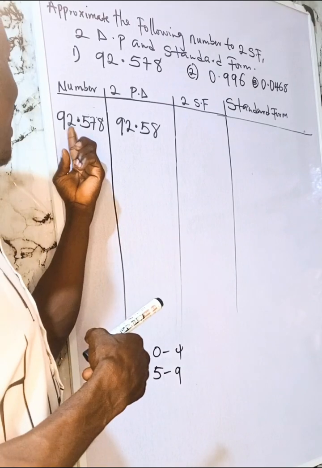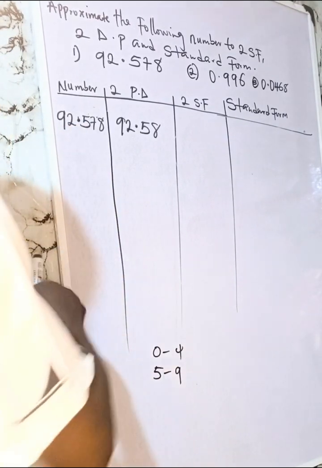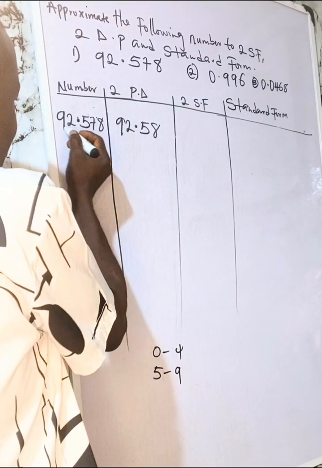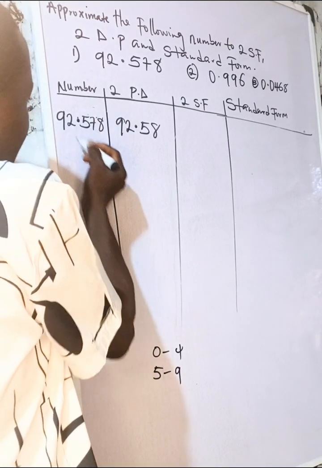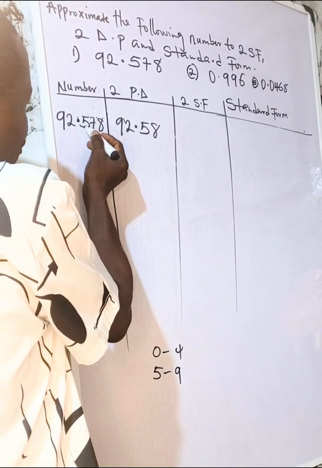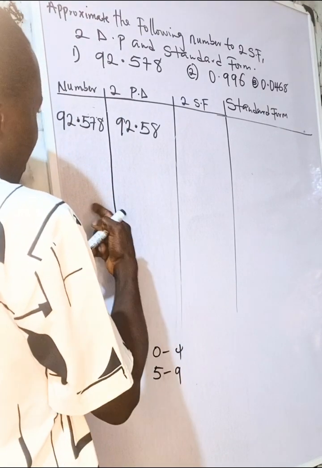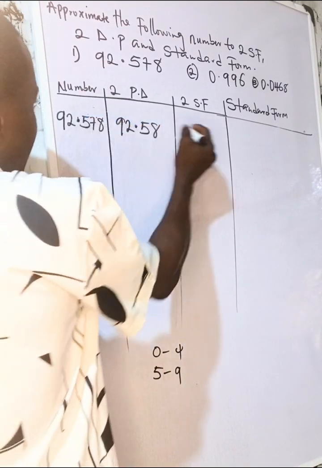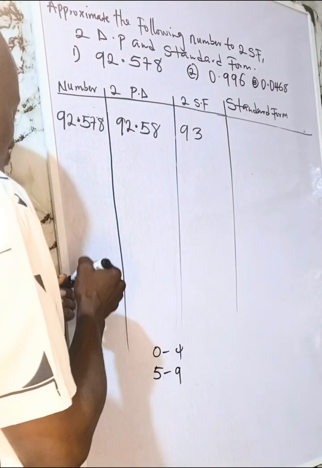But if those numbers are significant, like we have here, you must count them. So here, 9 and 2 are significant. I will count them as the first two significant figures. 9 is the first one, and 2 is the second one. Since I have finished counting, the number in front of where I stopped is also approximatable because it belongs here. I will call it 1. It will now be 93. So this is 93, 2SF.